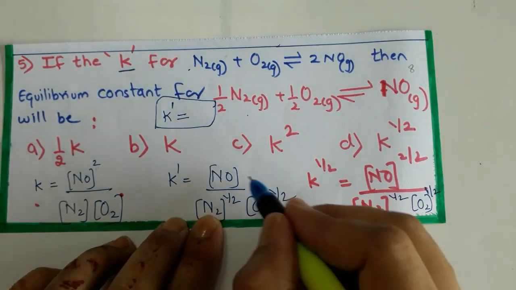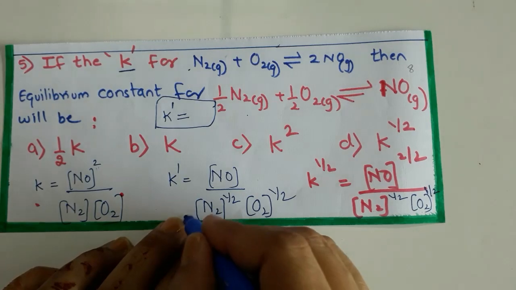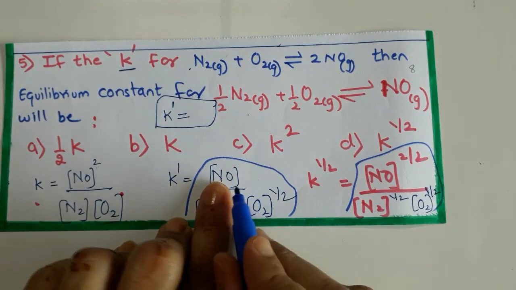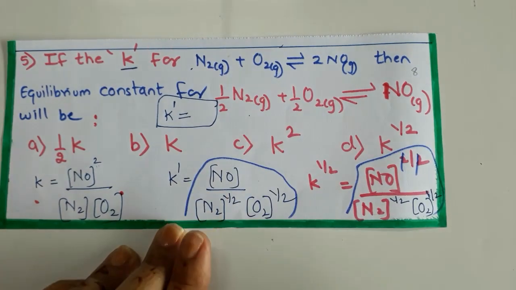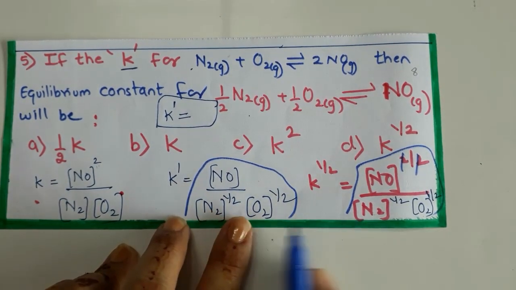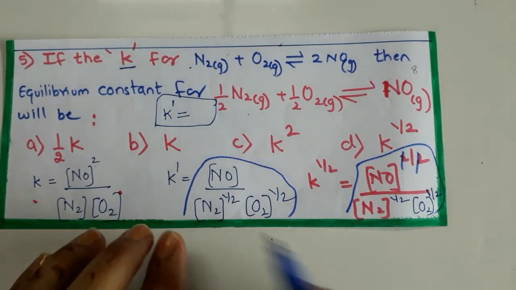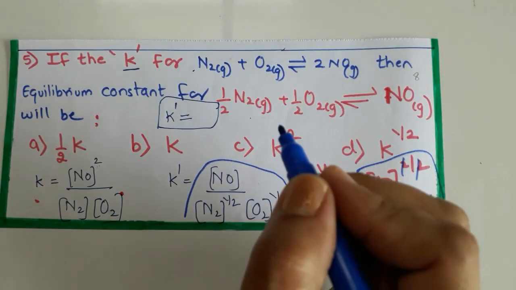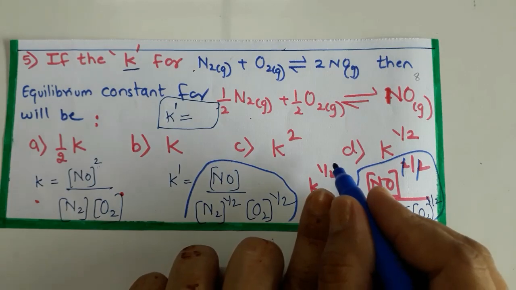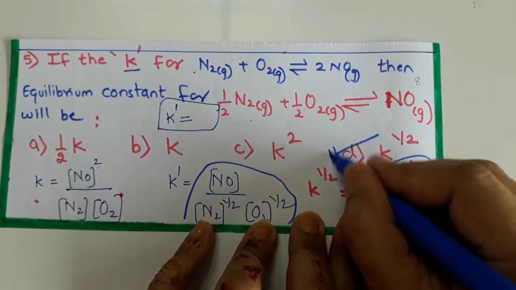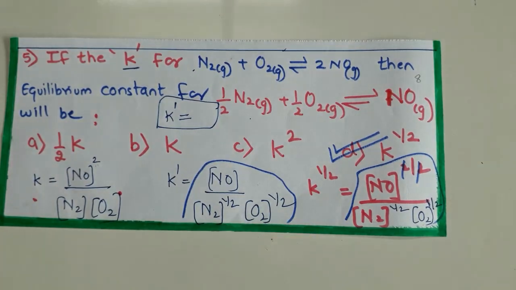Just see, these two expressions, they become equal. NO is the same, N2 half, N2 half, O2 half, O2 half. So yes students, we can write that our answer is K dash is equal to K raised to half. So our answer is D option.